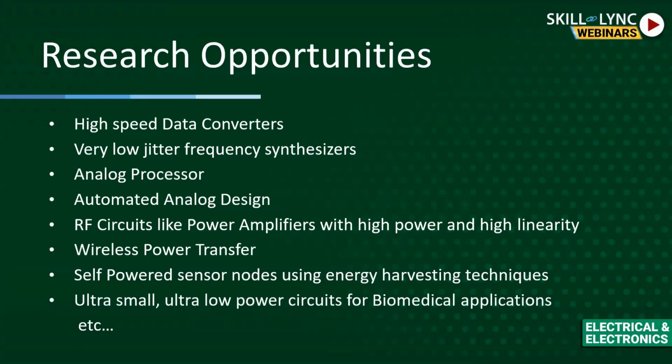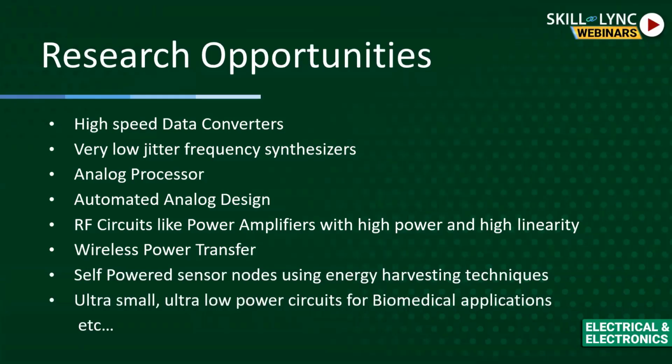Then there are RF circuits like power amplifiers. Power amplifiers are also a very hot topic. Let's talk about Wi-Fi routers first. There is a power amplifier before the antenna which is giving you the signal. That power amplifier has to give good enough power so that you receive that signal. Also, of course, there is a limit on how much power you can send.